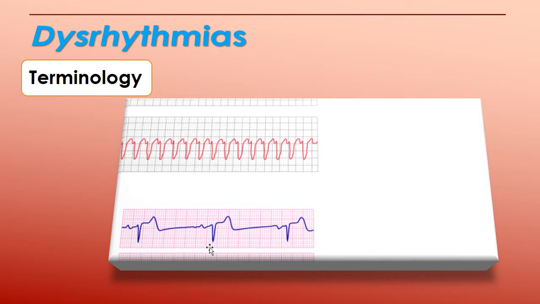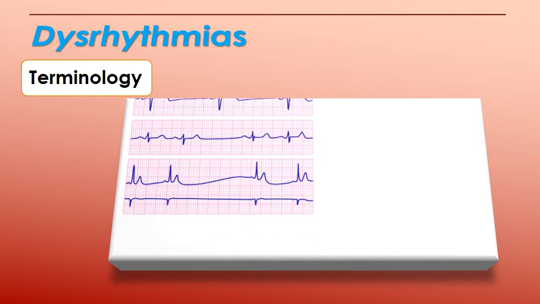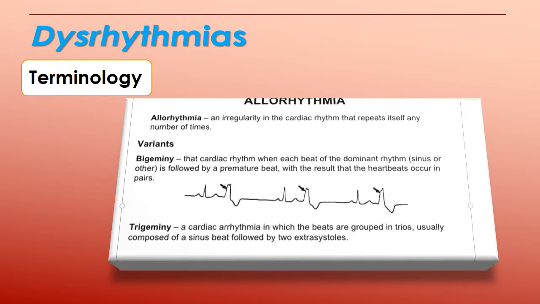Another thing you're going to hear are premature complexes. Premature complexes are rhythm complexes that are firing prematurely. They may be firing from an ectopic focus other than the SA node.